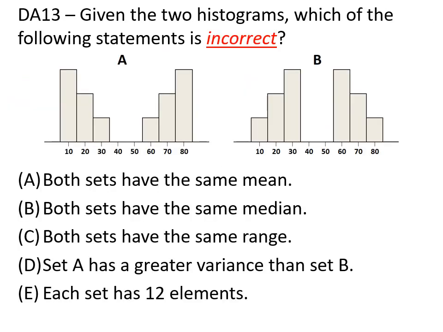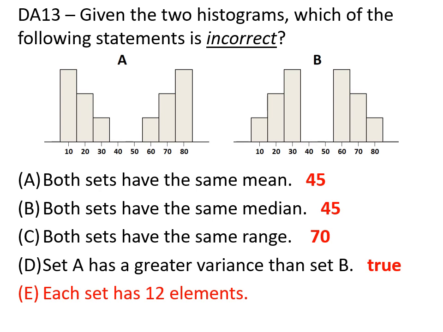All right, DA13: given the two histograms, which of the following statements is incorrect? You might look at those histograms and say, well, we don't really know what the mean and the median are because we don't know what the values are specifically in each of the bars.